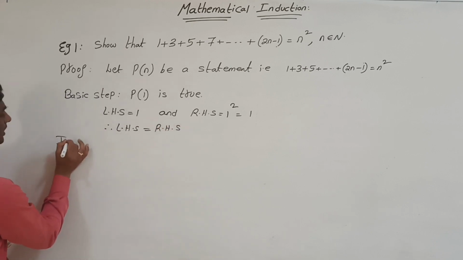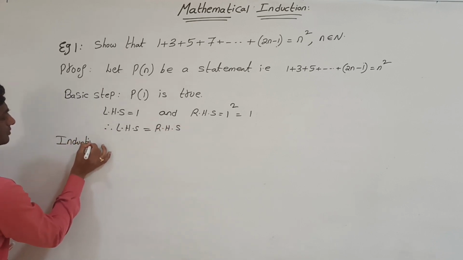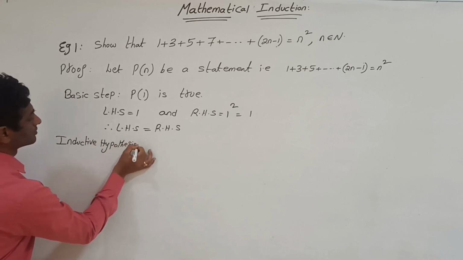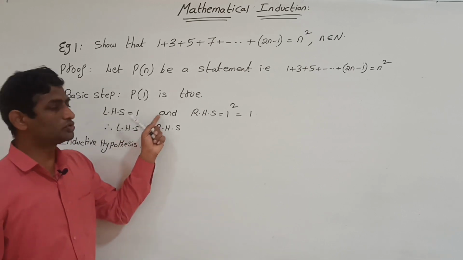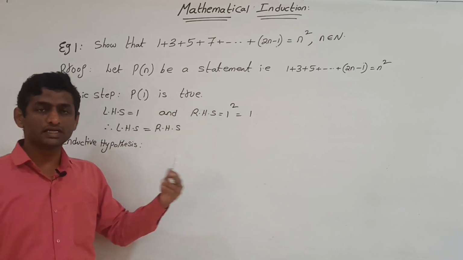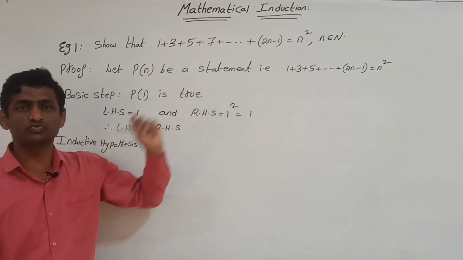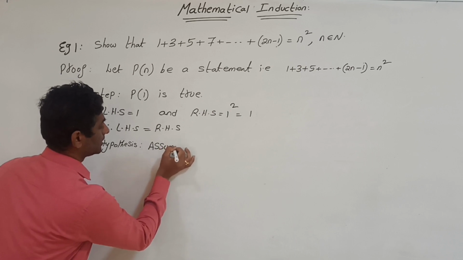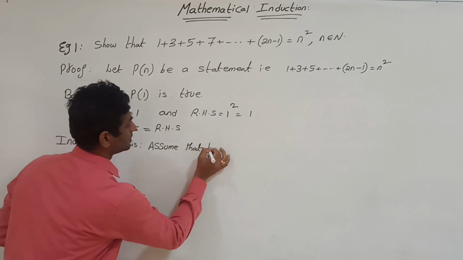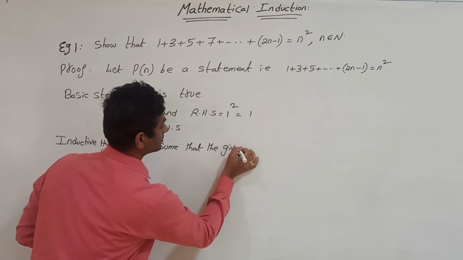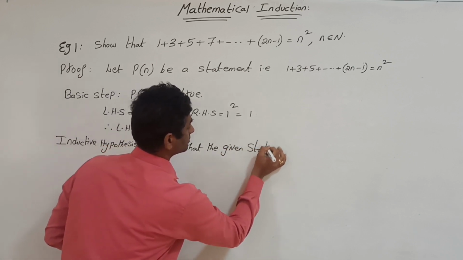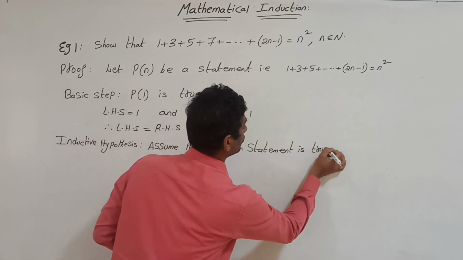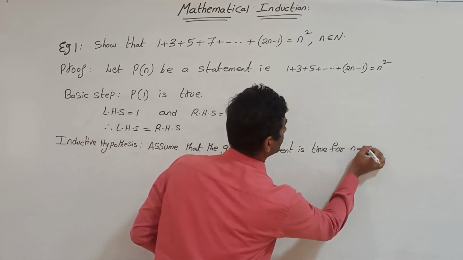Next we will go for the inductive hypothesis. As it is true for n is equal to 1, we now assume that the given statement is true for n is equal to k.